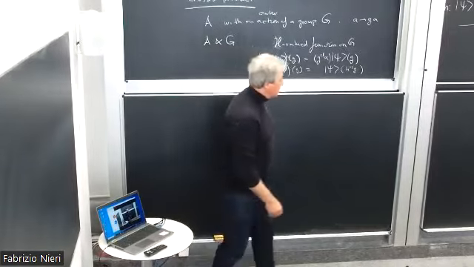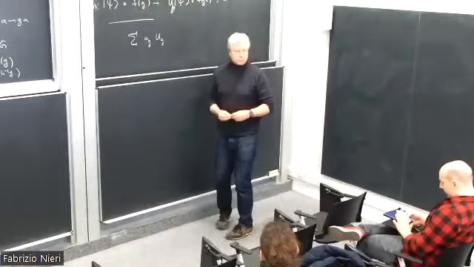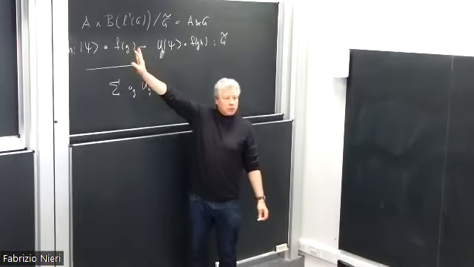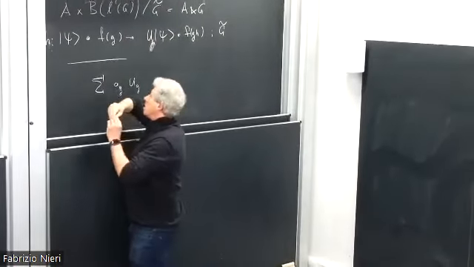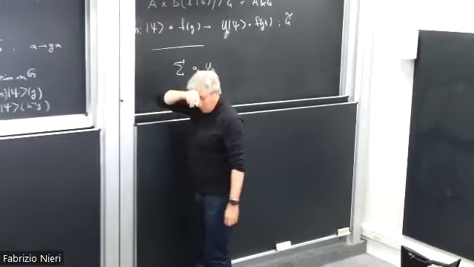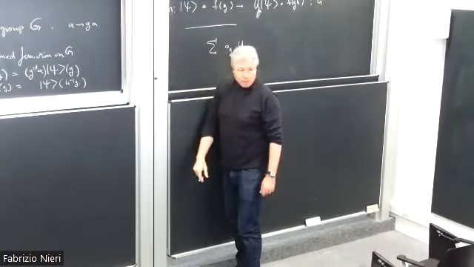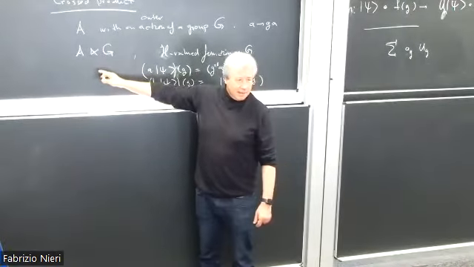Can I ask, is that not considered a product or a tensor product? This was a normal product. Sorry, this is the tensor product of the algebras, you mean? I think it's just a cross. I mean, this is called a crossed product. I understand.